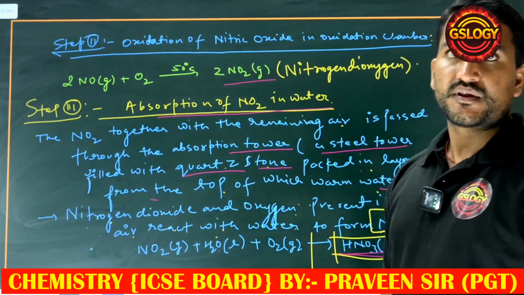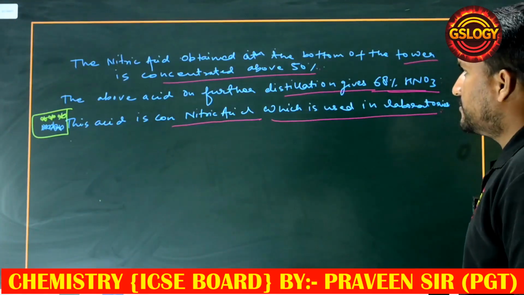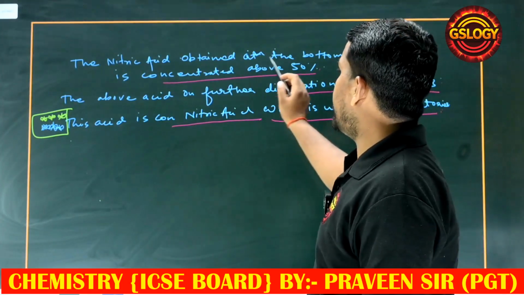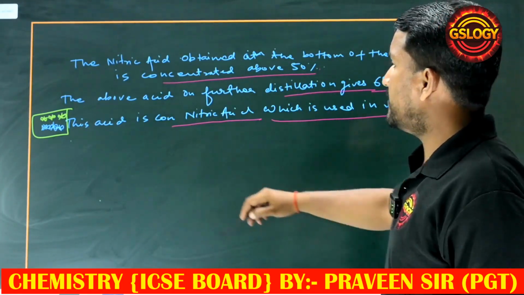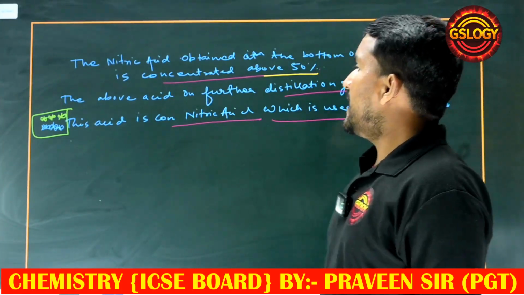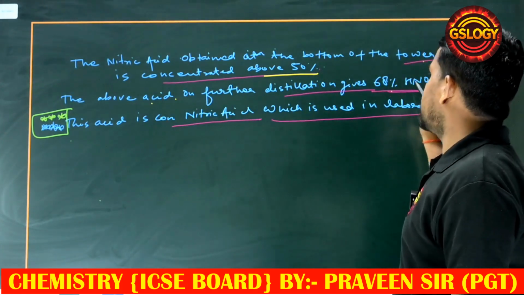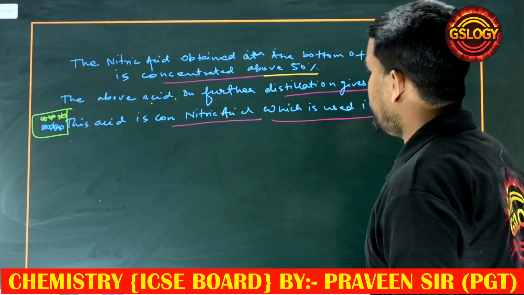Clear, everyone? Ostwald process. The nitric acid obtained at the bottom of the tower is concentrated to above 50%, and on further distillation this acid gives 68% nitric acid.